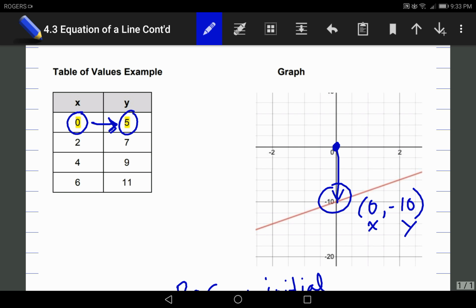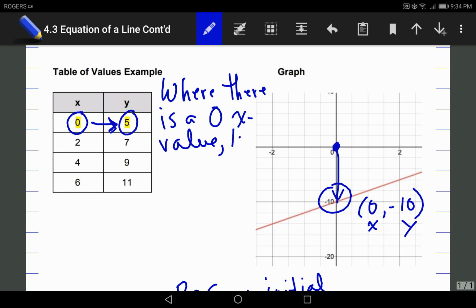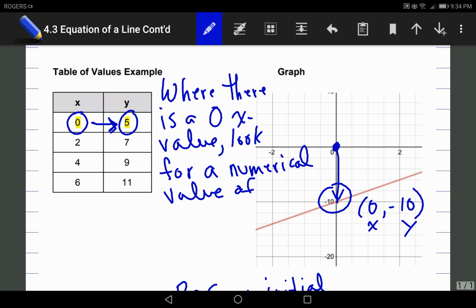Where there is a 0 x value, look for a numerical value for y other than 0.